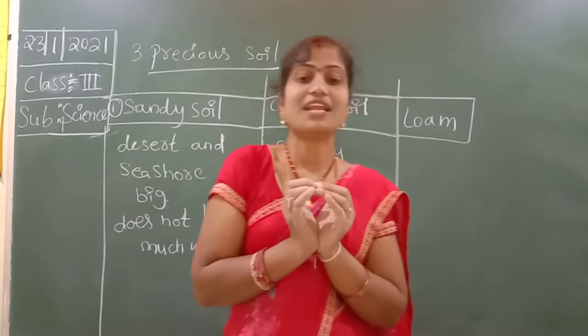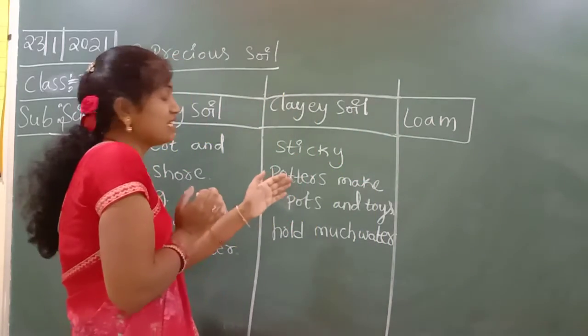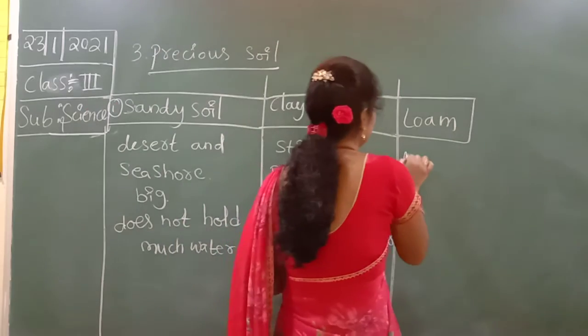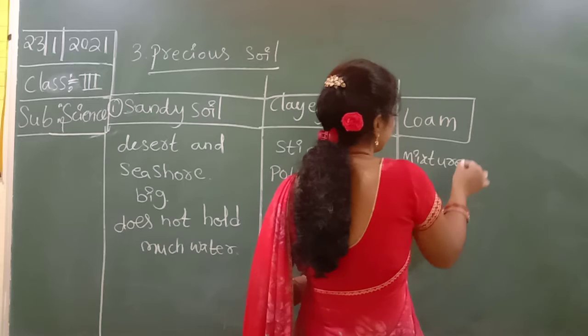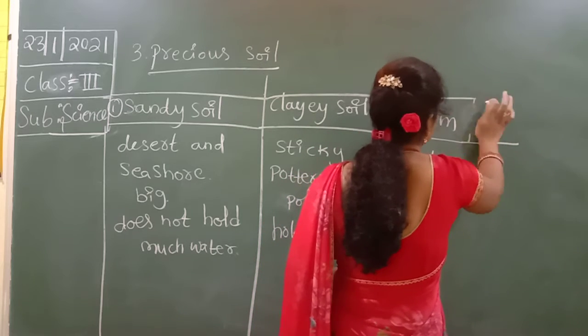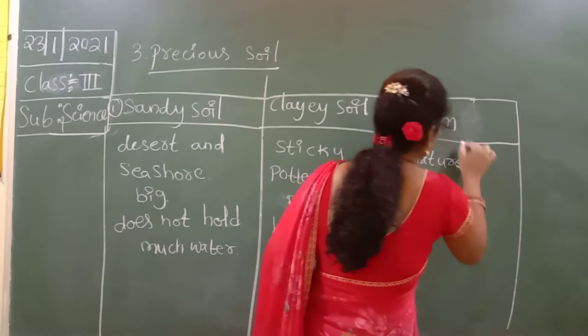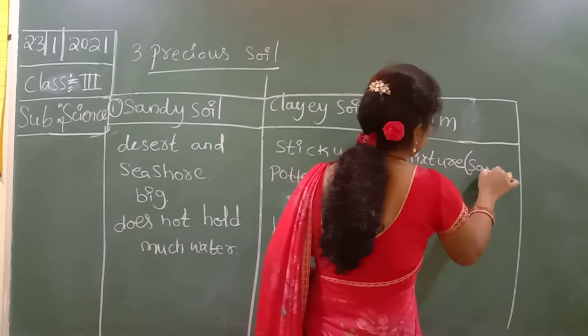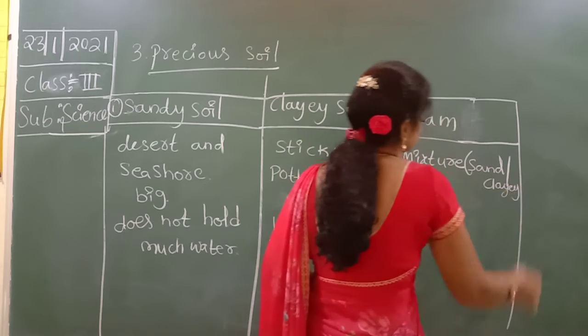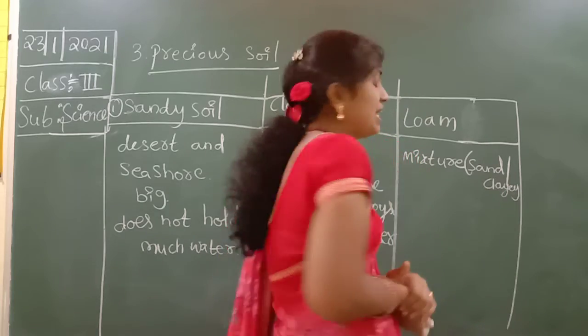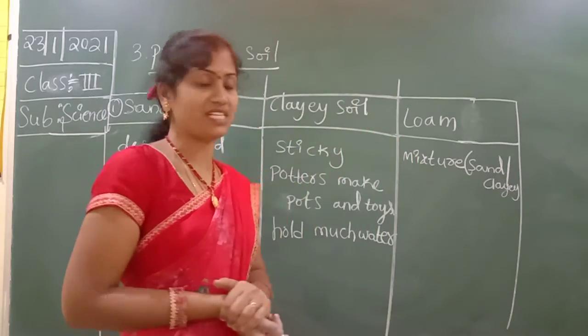Next, loam. Loam is a mixture soil, a mixture of sand and clay. It has a lot of humus.